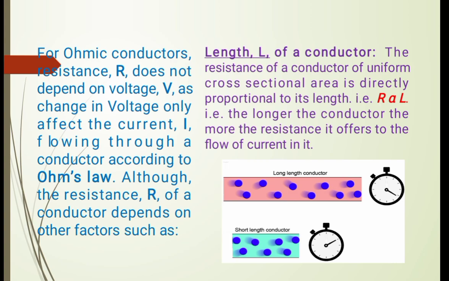That is, for every conductor that obeys Ohm's law, variation in voltage does not have any effect on its resistance. It only affects the current according to Ohm's law. But the resistance of an ohmic conductor can be affected by some other factors, which we are going to quickly discuss now. So what are those factors?